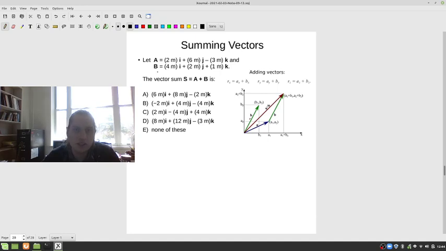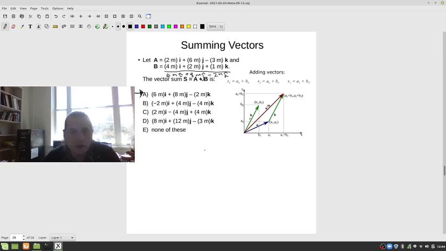So, for instance, here, A plus B gives you some new vector, which is 6 meters times I, 6 plus 2, plus 8 meters times J, and then minus 3 plus 1 would give you minus 2 meters times K. All right, so that's the whole thing.